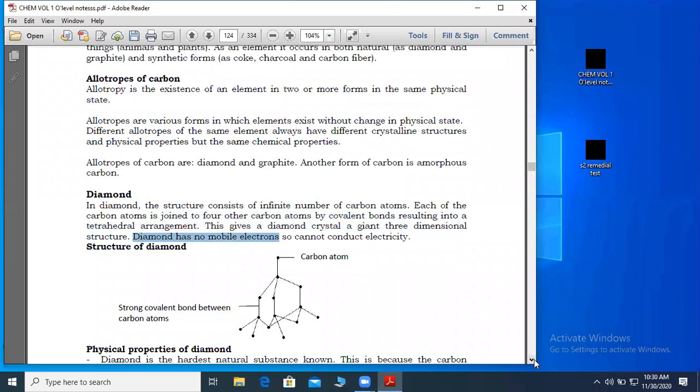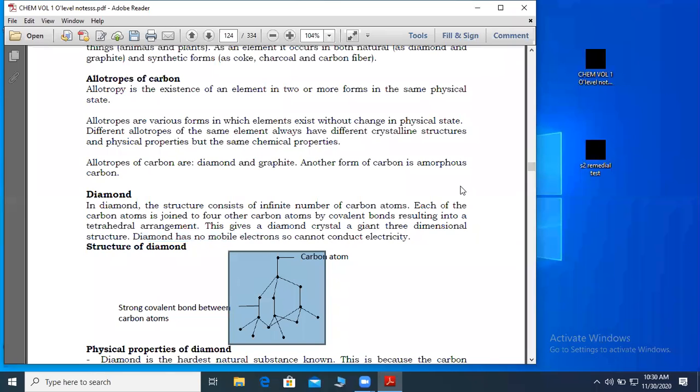The reason why diamond does not conduct electricity is that it does not have mobile electrons. And where are they? All its electrons are participating in formation of covalent bonds with other carbon atoms.